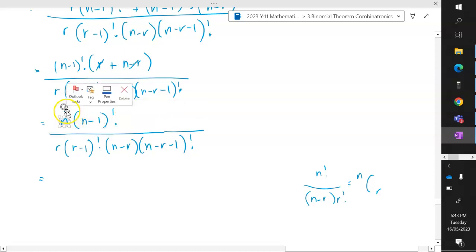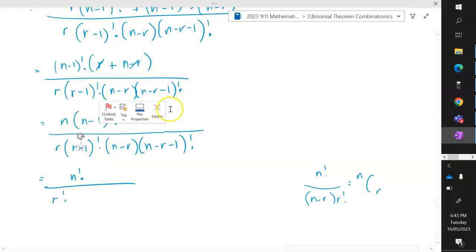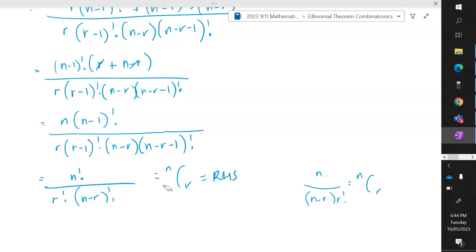Well, n is just the term before n minus 1 factorial. So I can write my top line as n factorial. And my bottom line, well, r times r minus 1 factorial is r factorial. And n minus r times n minus r minus 1 factorial is n minus r factorial, which is actually equal to nCr, which is our right-hand side, which is what we wanted.